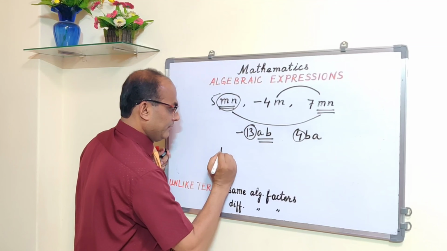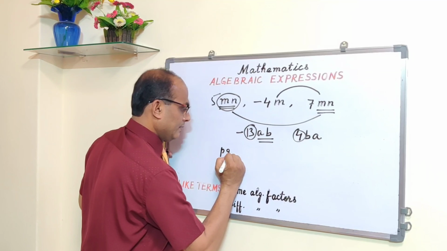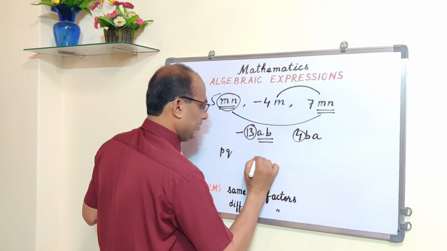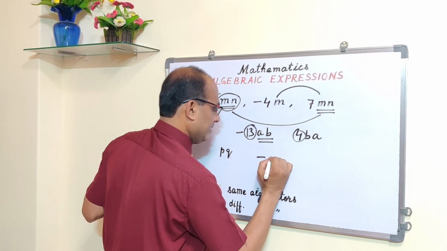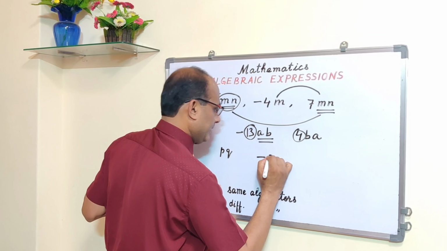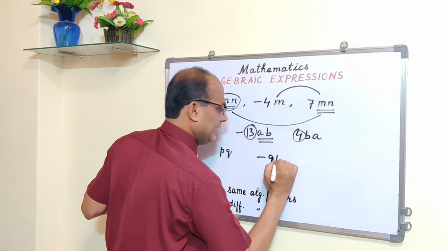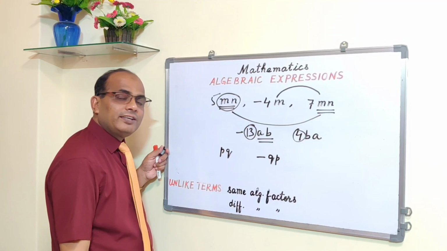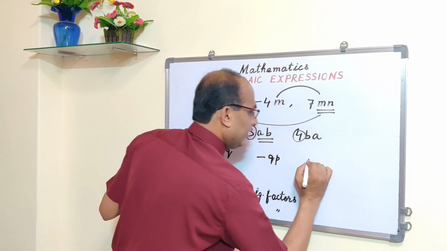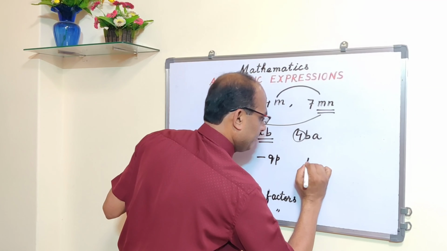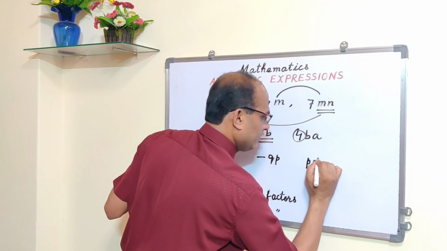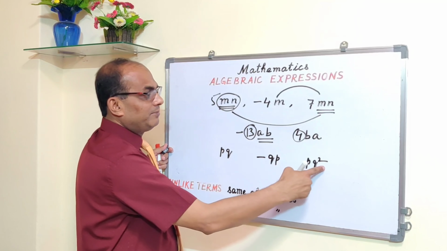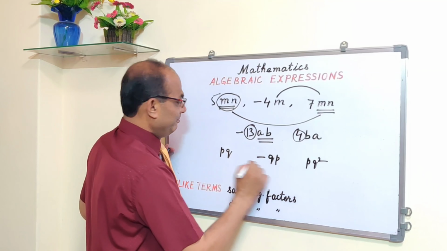Suppose you have here PQ, and here you have minus QP. Are they like terms? Yes, they are like terms because PQ and QP are the same. And now you have PQ square. See the power. It's different.